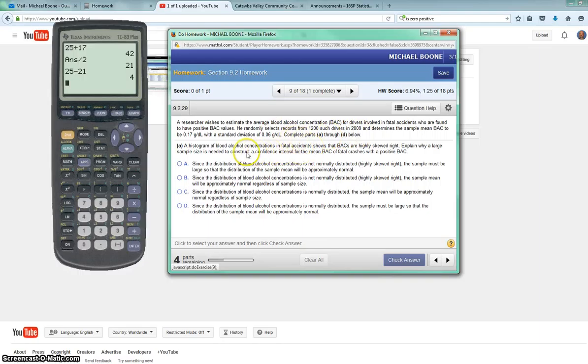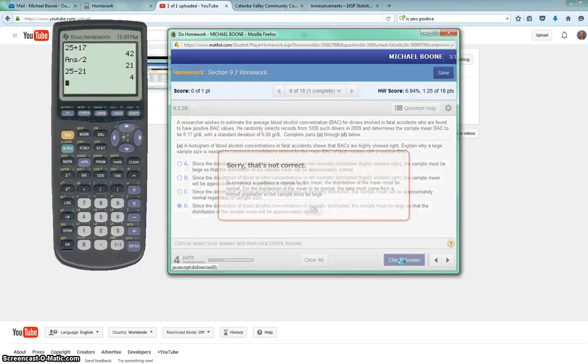It says that it's highly skewed right, but since the sample must be large so that the distribution of sample mean will be approximately normal, we're dealing with 1200. So again, much larger than 30, and we can move forward.